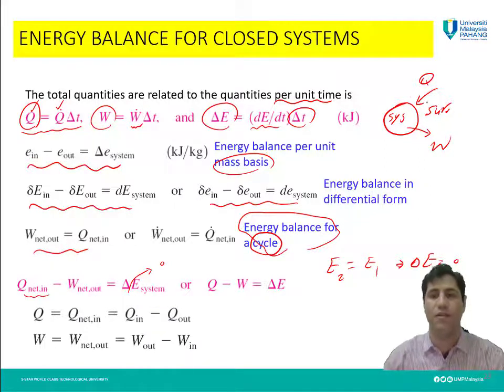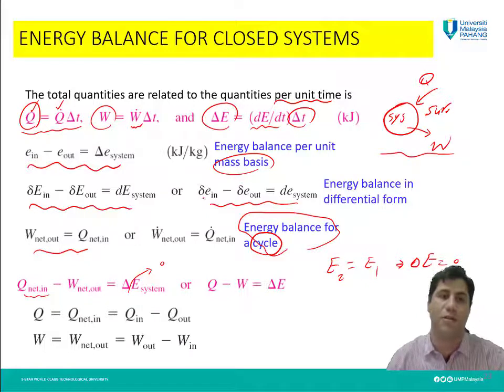So for this system, we imagine that the energy, the thermal energy or heat which comes to the system, has a positive sign, and the work which is done by the system has a positive sign as well. This is just our assumption, which will help us with our calculation related to energy balance for a closed system.